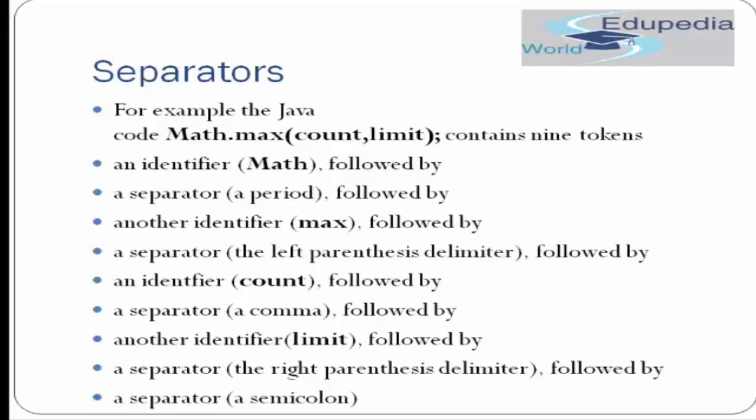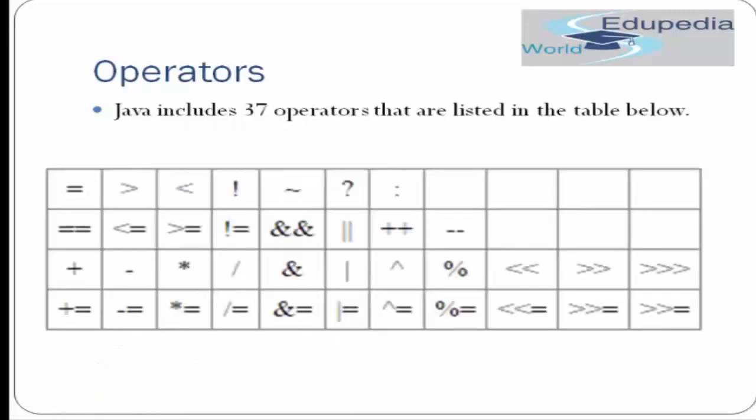Now let's move forward to the last token of Java, that is operators. Java includes 37 operators that are listed in the table below. This is just a summary of all the operators that Java has.